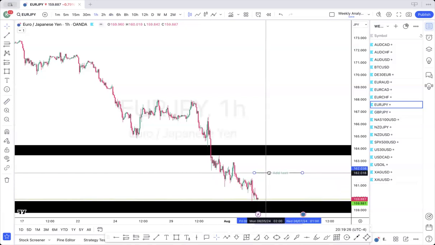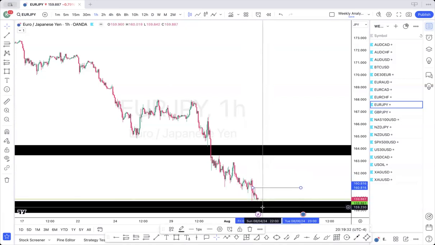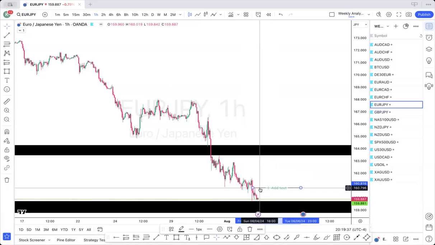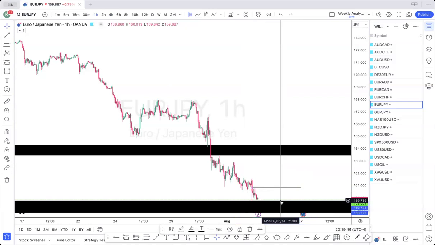Then you may have this next internal swing high here. Okay. And then if it creates even more structure, you just move your swing high down until that high is broken. Once that high is broken, then you can trade from one zone to the next zone.